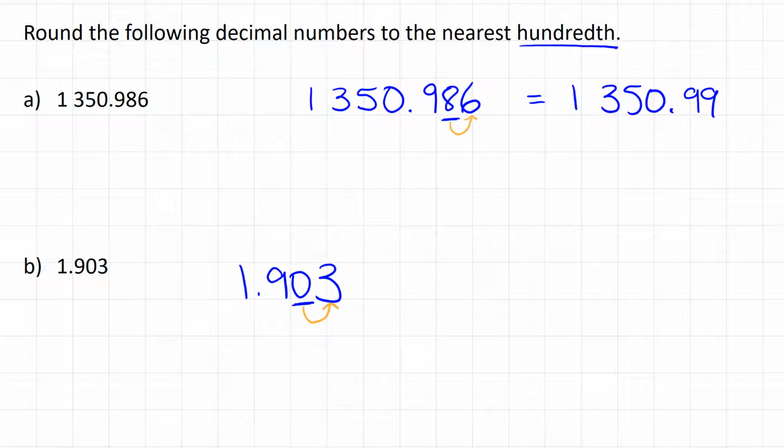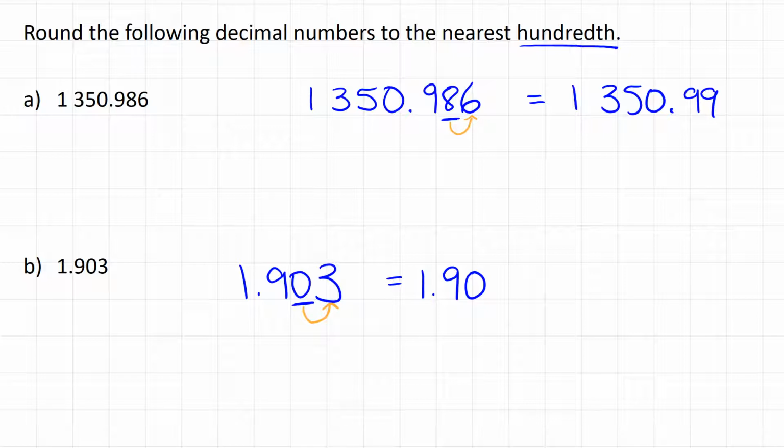Well, the 3 tells us that it's less than 5, so we're not going to be rounding up in this case. Because it's less than 5, it actually stays the same. So we don't round up, we don't round down. When it's less than 5, we keep it as is and just don't include that thousandths place value. So when we're rounding to the nearest hundredth, we want 2 decimal places.